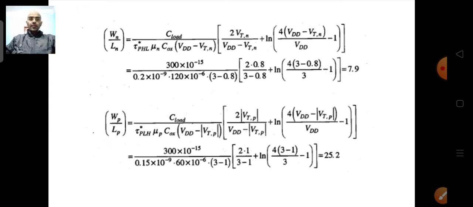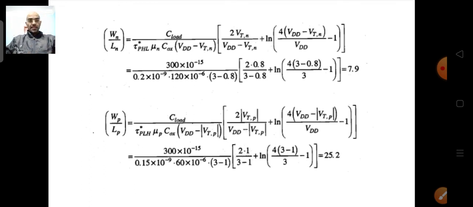Then to meet tau PLH, if you rewrite the condition in terms of W by L of P, we can see that the equation turns out like this, and if you substitute all the values given in the problem, our W by L of PMOS comes to approximately 25.2. So the width of the PMOS should be 25.2 times the length of the PMOS.